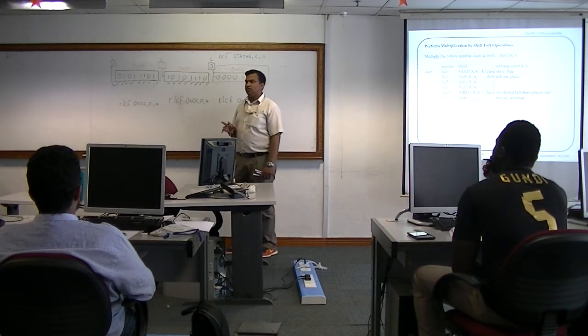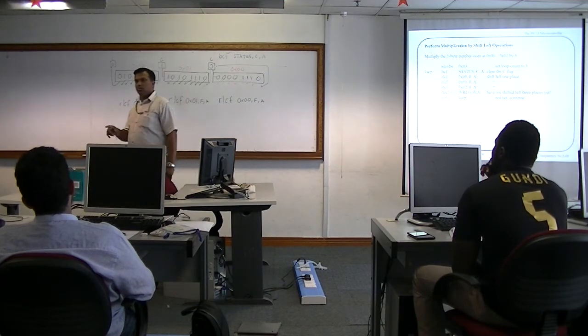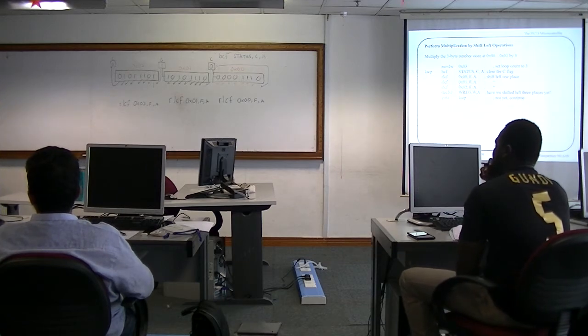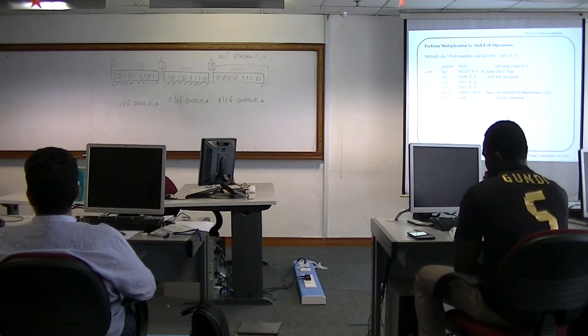Remember the sequence. This is always applicable for a single byte, you have no problem. I told you for a single byte, if you want to perform multiplication or division, you must make sure that for multiplication the most significant bit is always 0, and for division the least significant bit is always 0. That's for a single byte. Is it clear?